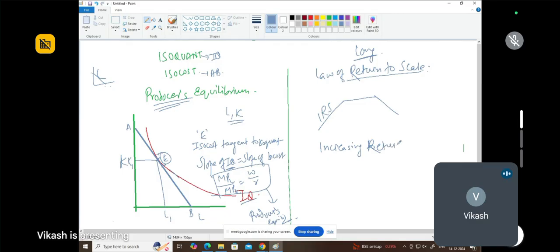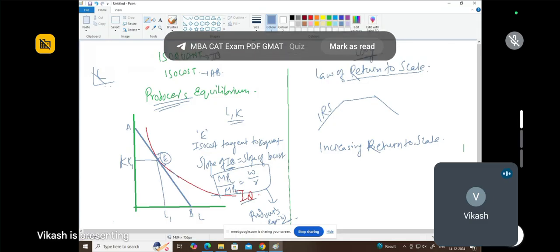Every company, small or big, every business, small or big, experiences increasing returns to scale, and that is the only reason they expand over a period of time. If the business is not expanding, it will die in a year or two. Every business which has flourished in the last 5 or 10 years definitely experienced IRS, increasing returns to scale.